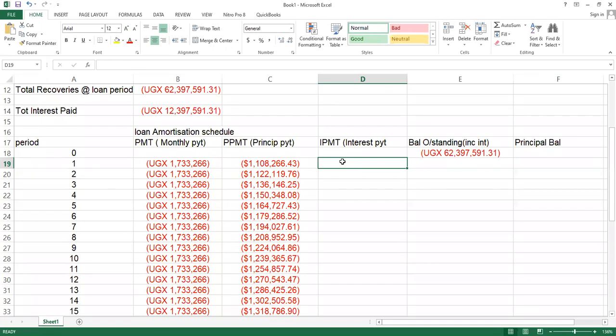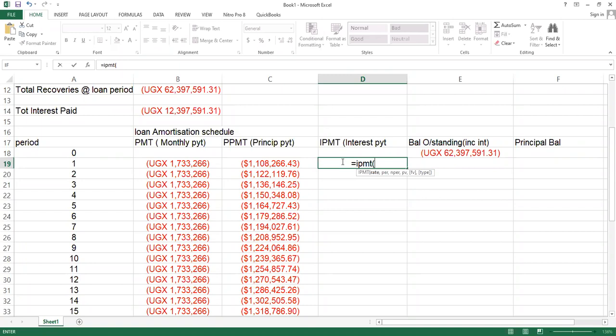So IPMT. I say equals, let me type IPMT. I will format the figures at the end, all of them. I open the bracket. Of course, this is the interest.